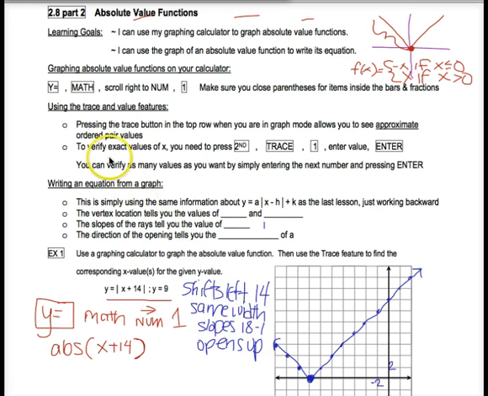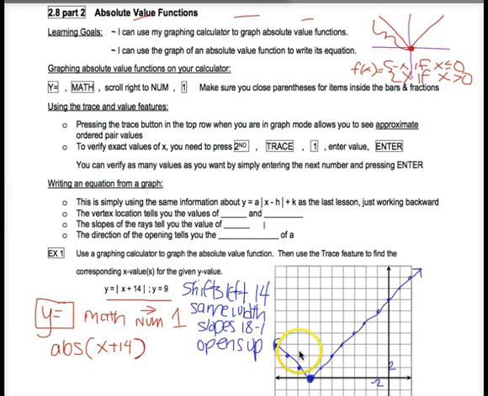Well, when y is 9, if I pull up just on my picture here, 2, 4, 6, 8, 9 would be right here. Well, one value where y is 9 is right here, but notice that on my sketch, I can't find the other one. It's over here somewhere. So this is a feature where our graphing calculator can really help us out, but only if you've got the right window.